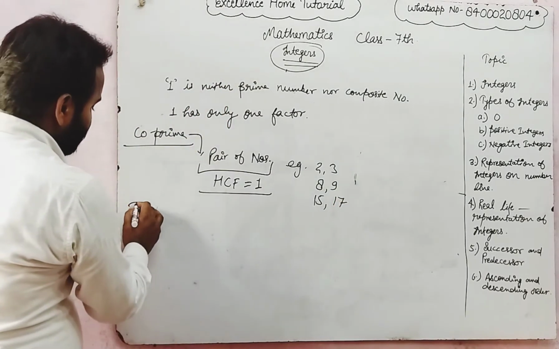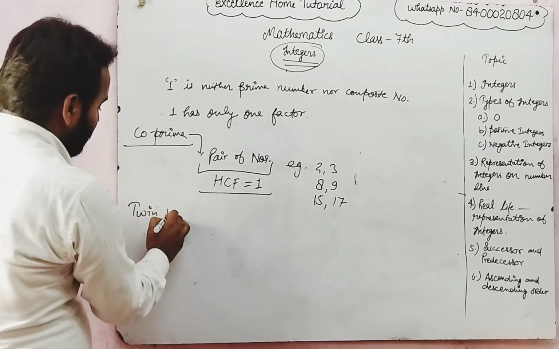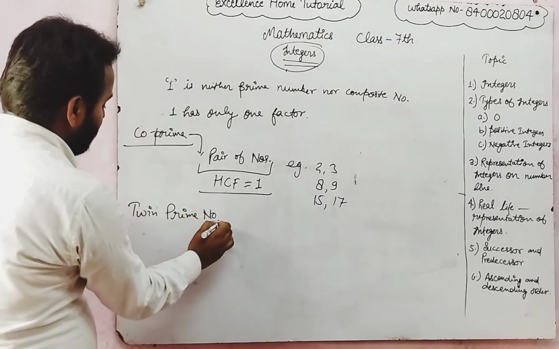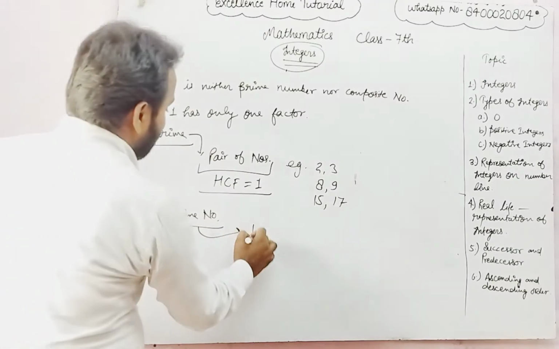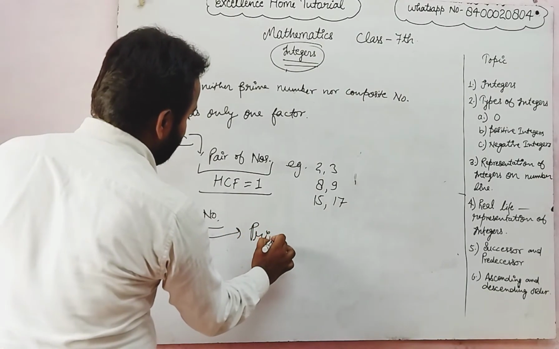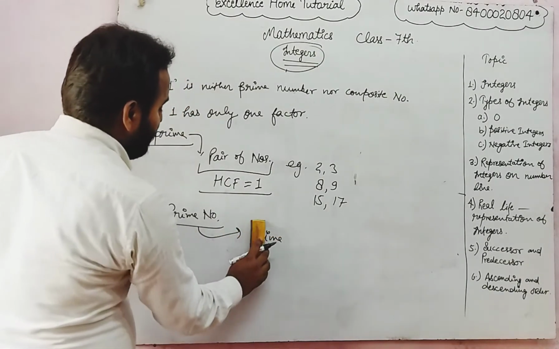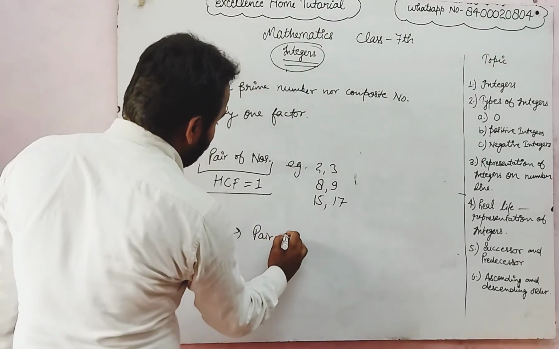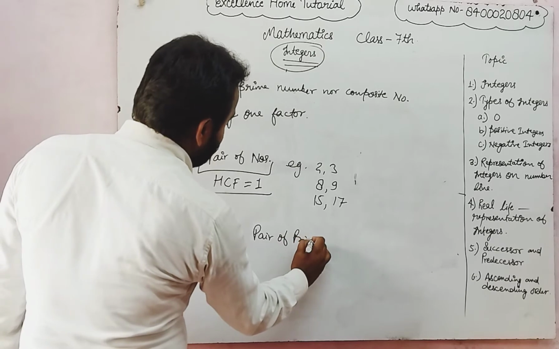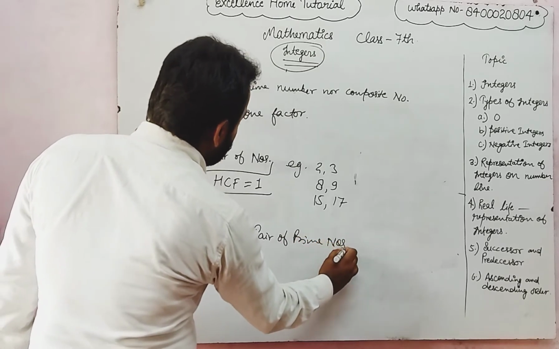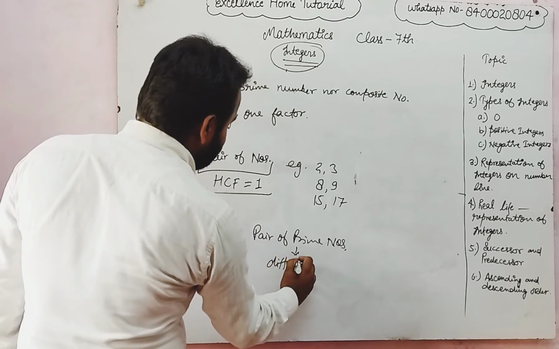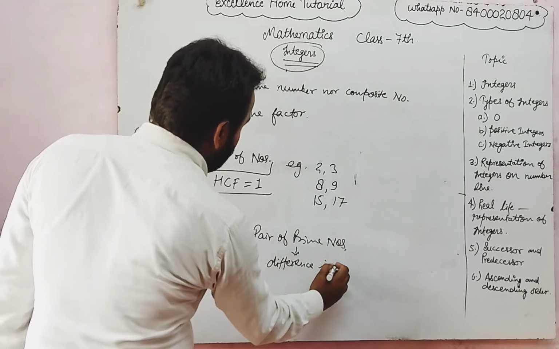And next, twin prime numbers. Twin prime numbers are a pair of prime numbers whose difference is 2.